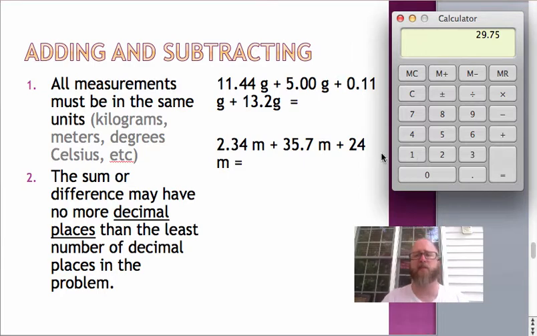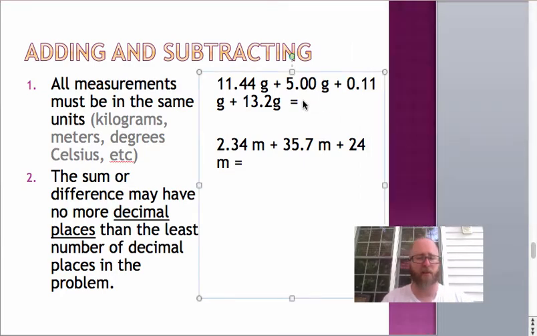Okay, so we'll just go ahead and put that on here. 29.75. Okay, now let's look at this second rule. The sum or difference may have no more decimal places than the least number of decimal places in the problem. So what we need to do is look at all of our numbers in the problem. Which number has the least number of decimal places? Well, 13.2 only has one number after the decimal point. So that means our answer can only have one number after the decimal point.